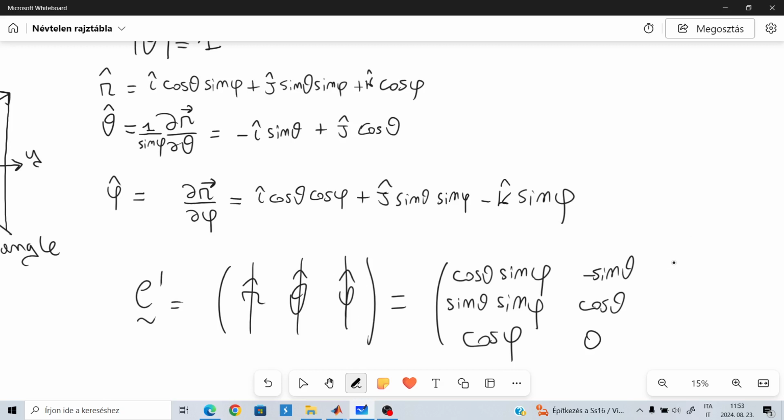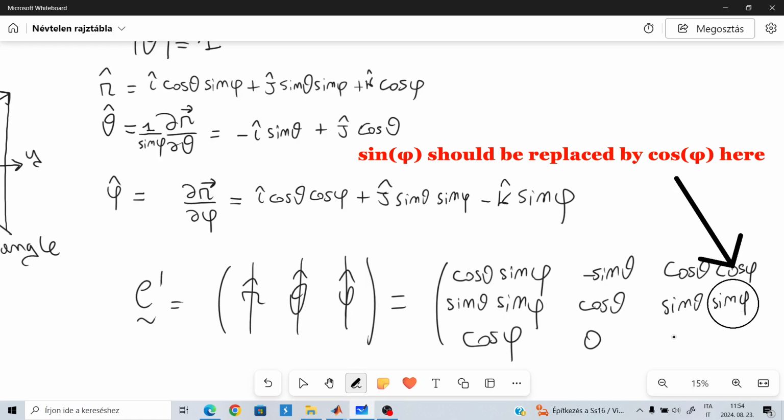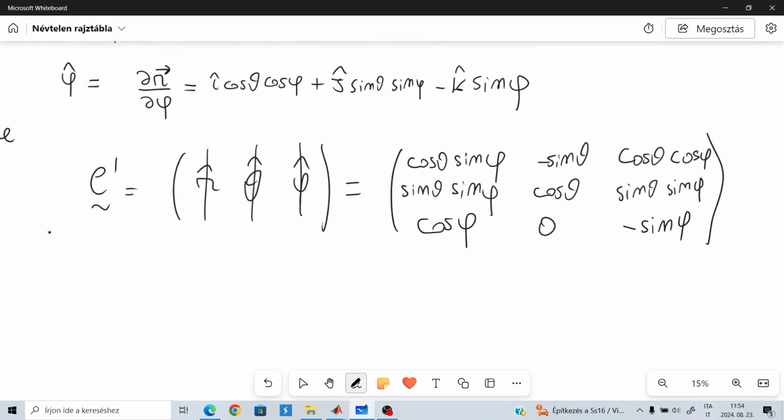Phi is given by cos theta cos phi, sine theta cos phi, and then minus the sine of phi. So pay attention to these details. This is how we construct this important matrix, which will help us do all the calculations.